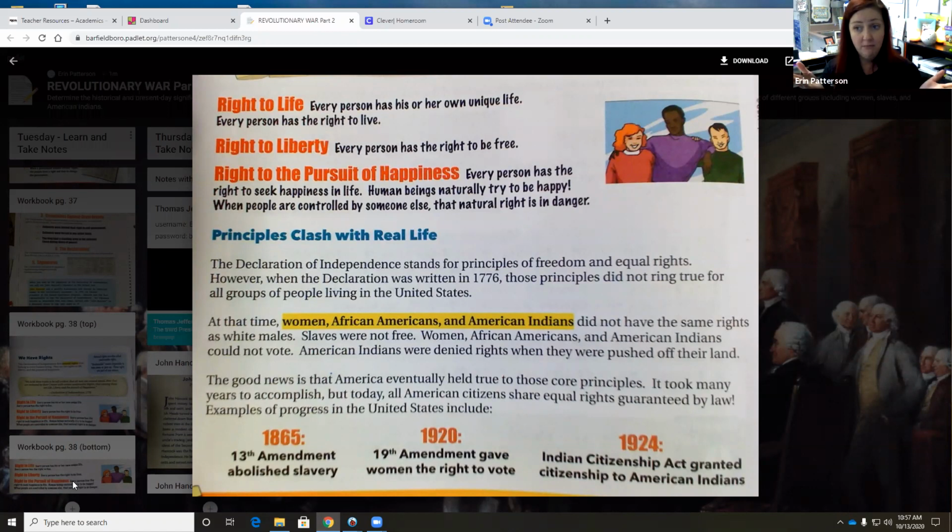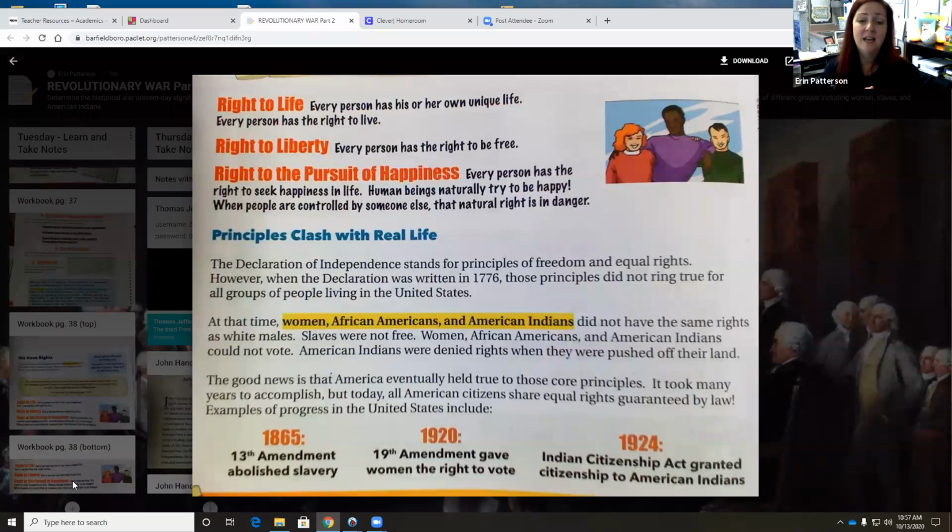At that time, women, African Americans and American Indians did not have the same rights as white males. Slaves were not free. Women, African Americans, and American Indians could not vote. American Indians were denied rights when they were pushed off their land. That happens even later in our history.